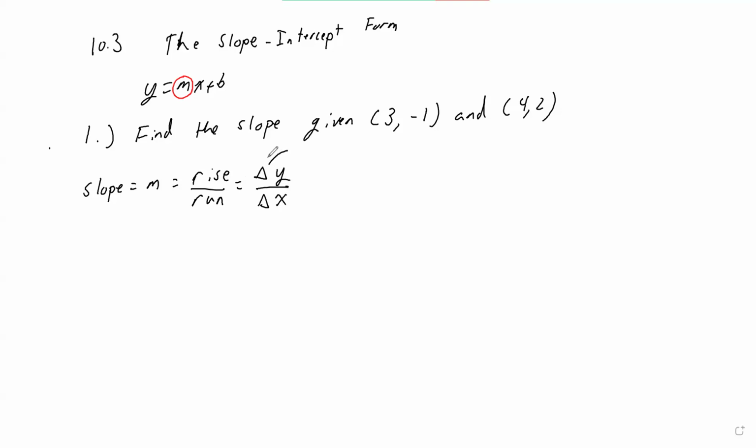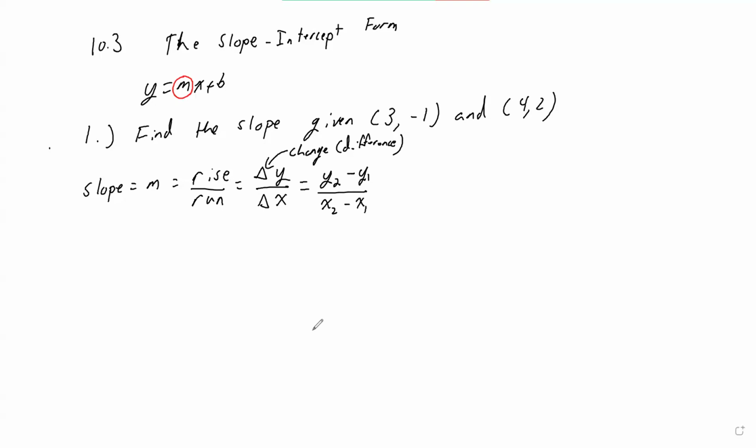So this little triangle here just represents change. Or a different word for that would be the difference. Right? So because that's what it represents, we're able to form an equation. And we can just find the difference between y2 minus y1 over x2 minus x1.